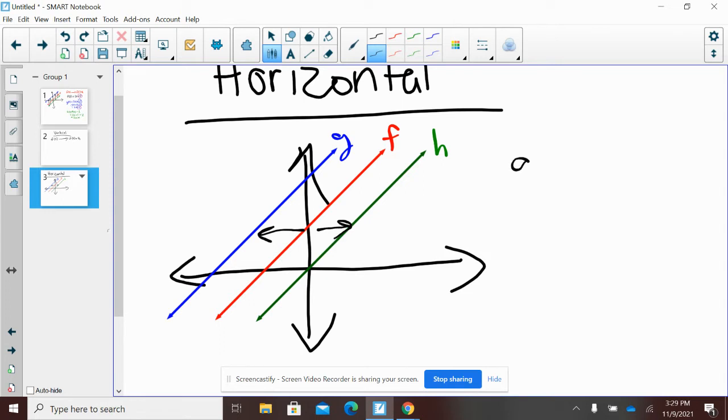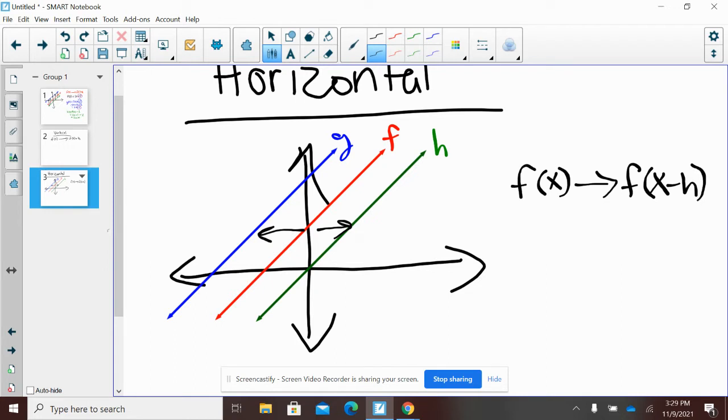Our rule for shifting something horizontally is we take our original function and, instead of affecting the output, we are going to affect the input. So it is going to change by a certain h value.